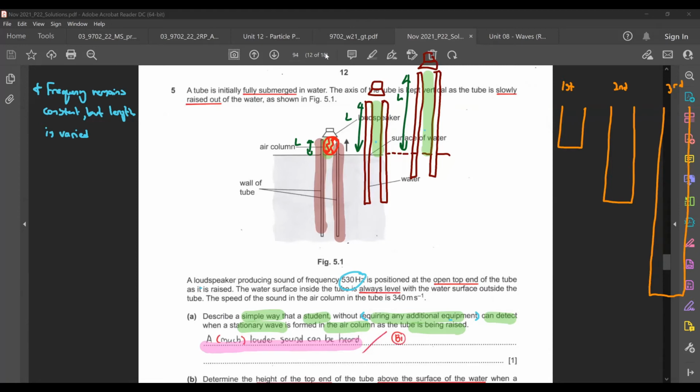It will probably look something like this.